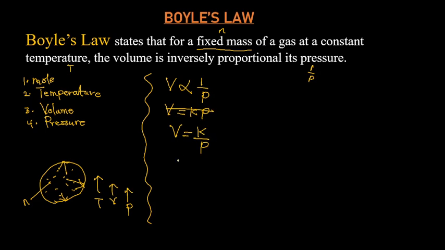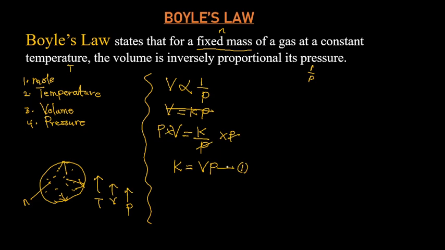That means that we can say that K is equal to VP when we multiply through by pressure. This will cancel this, so K is equal to VP. We'll call this equation 1.